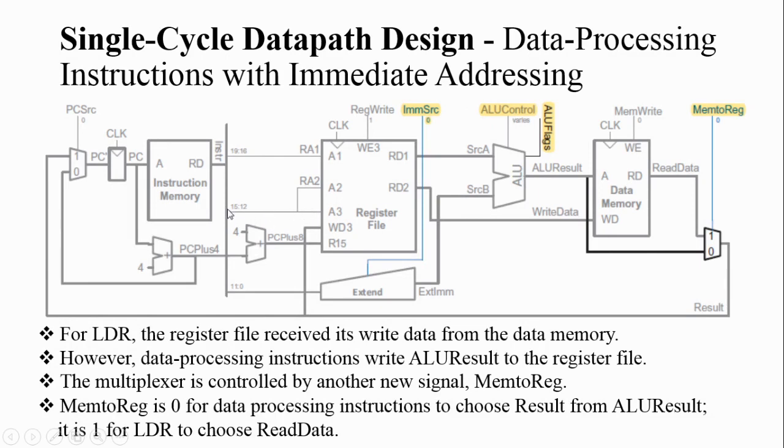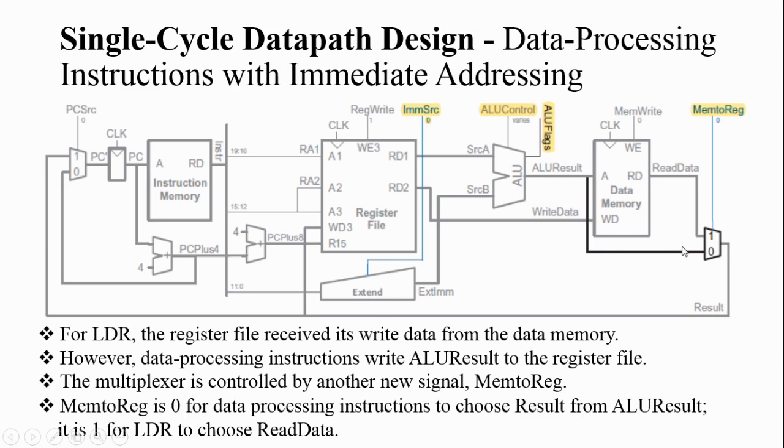In LDR also it is there. So bit number 12 to 15 is used for configuring the register value for write operation. Right? So to this register you are going to write the ALU result. Previously what you have done, you were writing the read value to this register in LDR, but now the difference is that you are going to write, that is why it is shown in this black color.